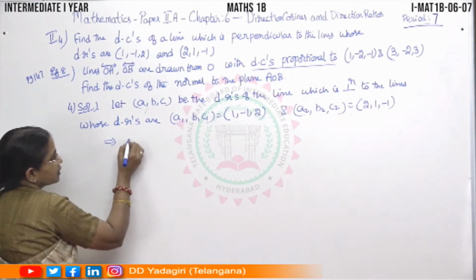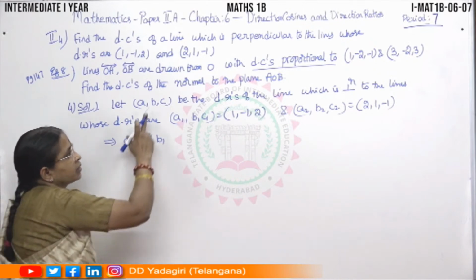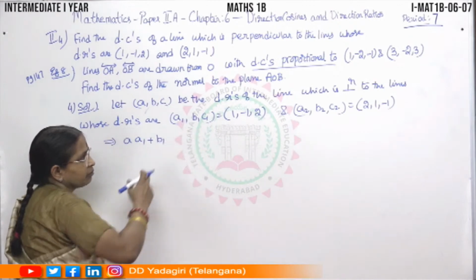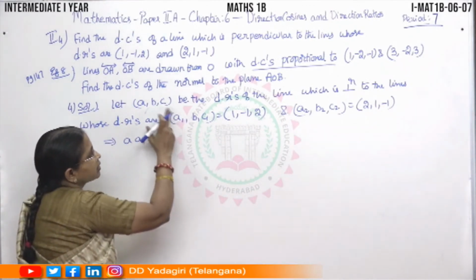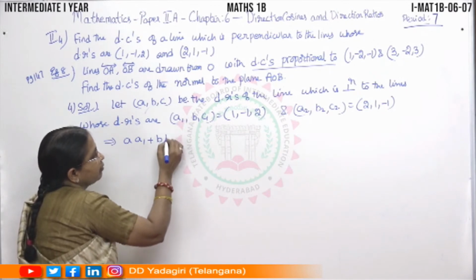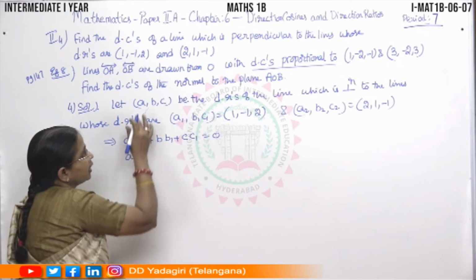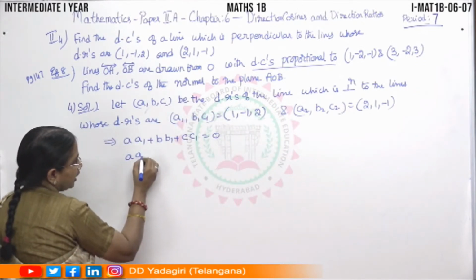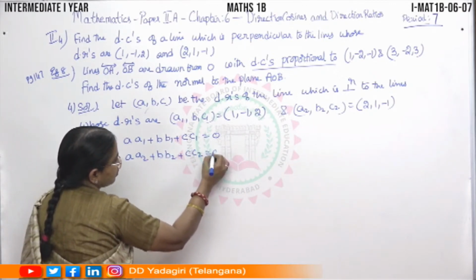That implies A1 A plus B1 B plus C1 C is equal to 0. These are the direction ratios of a line that is perpendicular to this line. We didn't mention any line, so we'll directly write it. And then the line is again perpendicular to the second, so A2 A plus B2 B plus C2 C is equal to 0.